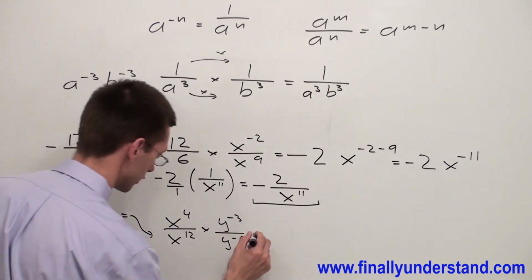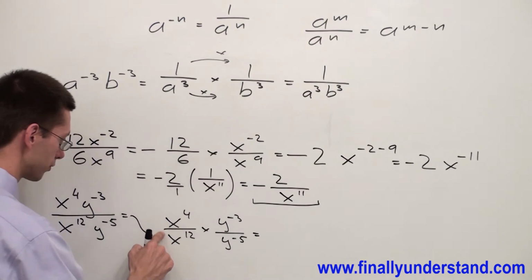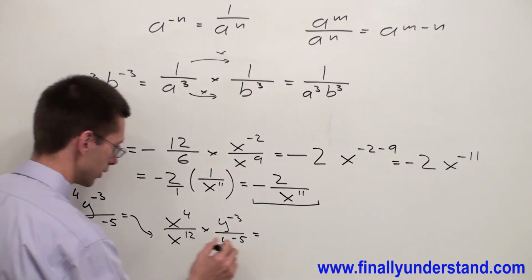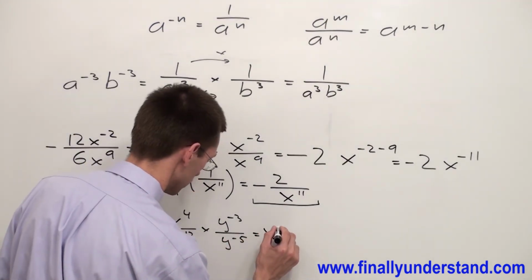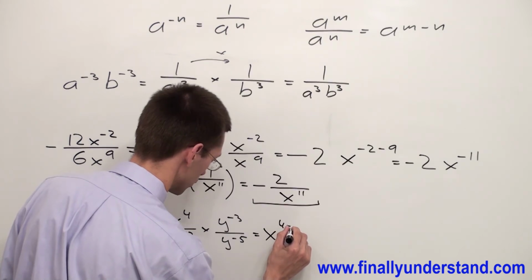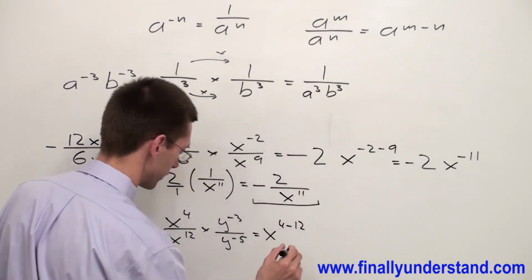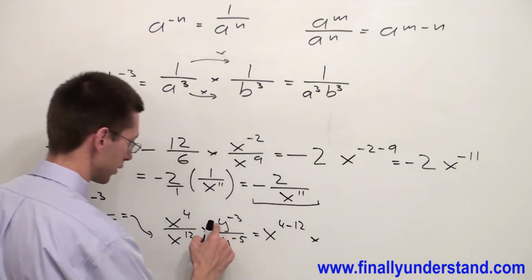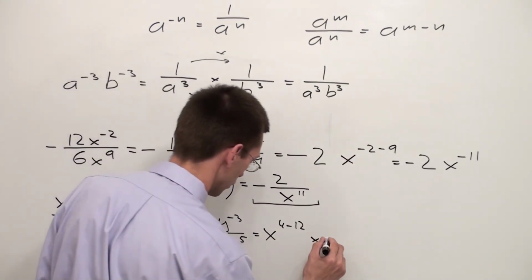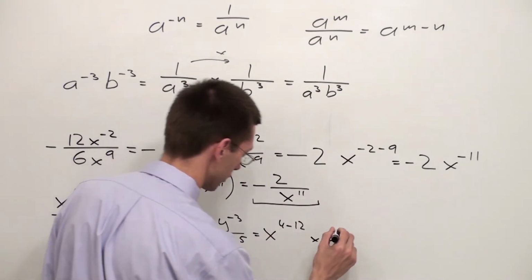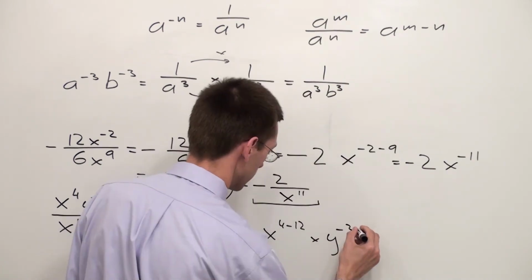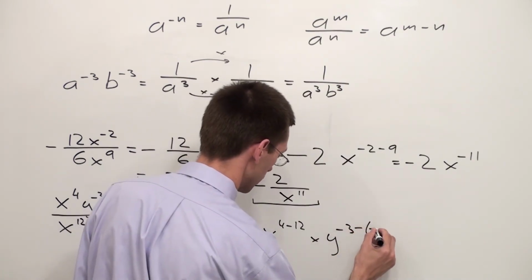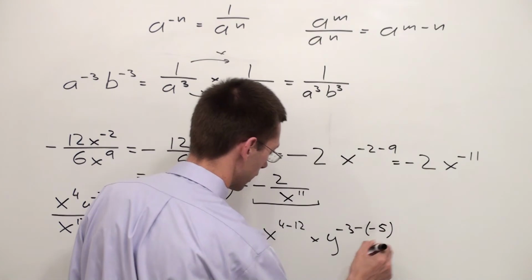Okay, next, my common base for this fraction is x. So I'm going to write x, this is 4 minus 12, times, keep the base, y, and I have minus 3 minus negative 5.